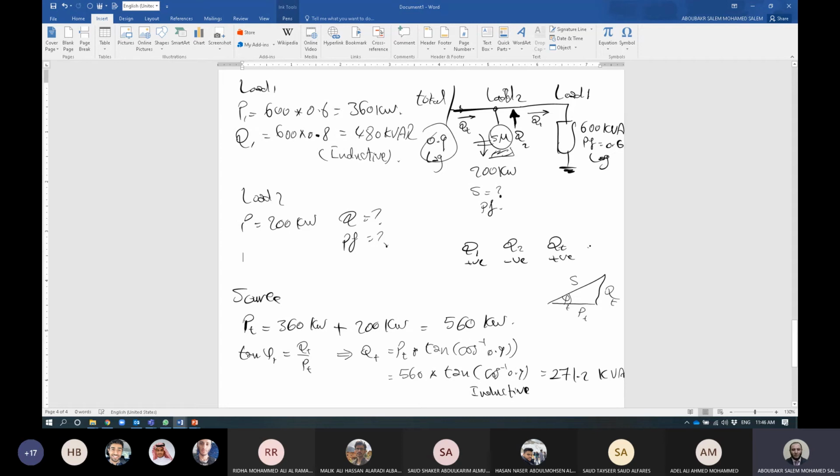You can follow this rule also. I don't want there to be confusion about the signs, but if you understand the meaning, the synchronous motor will deliver reactive power in order to support or improve the power factor. So the value of Q2 has to be injected like that into this node. Okay?